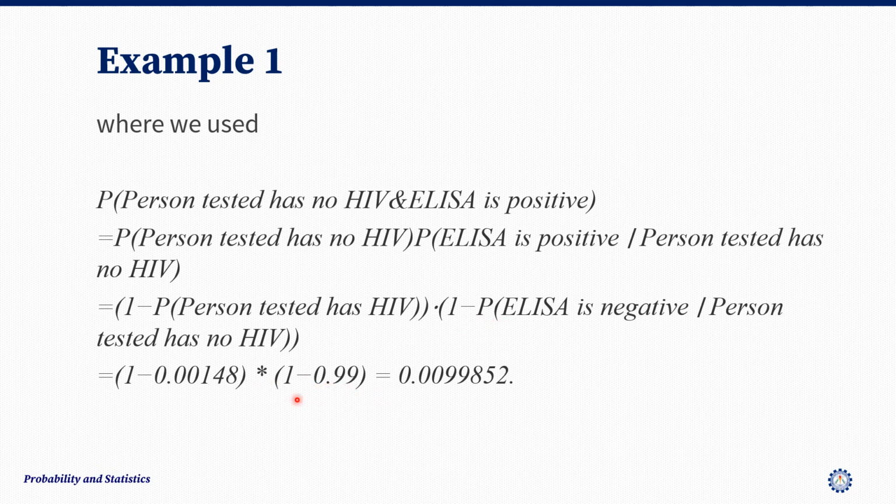So we can now get the probability of person tested has no HIV and ELISA is positive: 1 minus 0.00148 multiplied by 1 minus 0.99. That will be equal to 0.009982852, which is the value on the previous slide. So that's how we get this value.